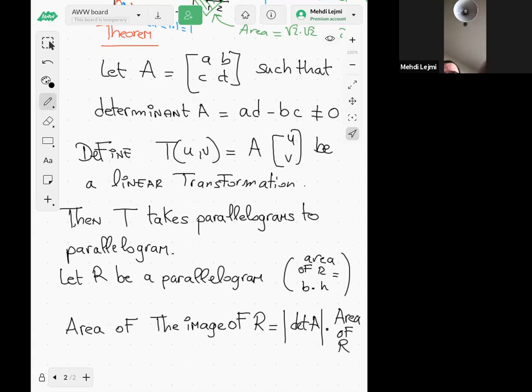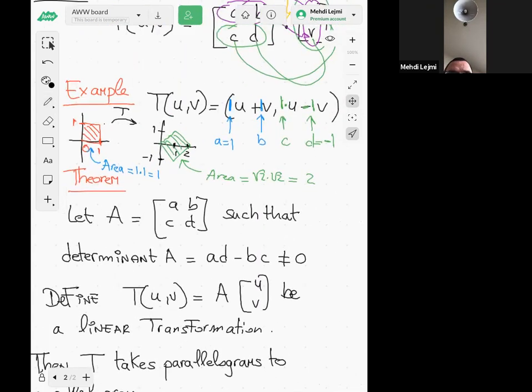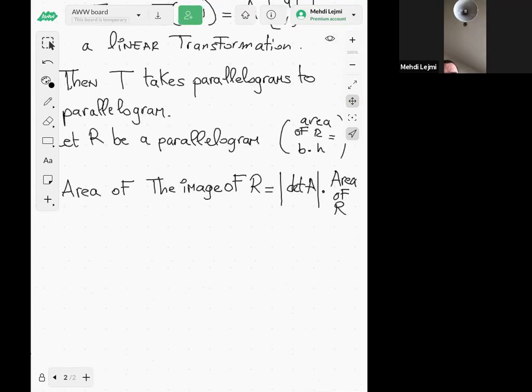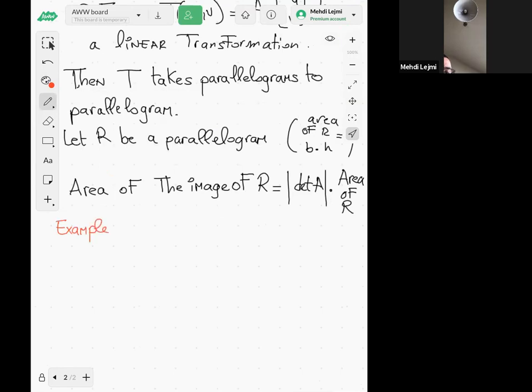So, for example, here's a good example. We have this linear transformation T. Let me write it down here again, just to enter the theorem so you can see how we can apply such a formula. So, example. Come back to the same example.